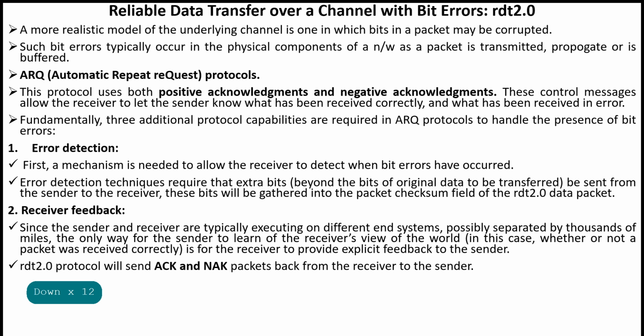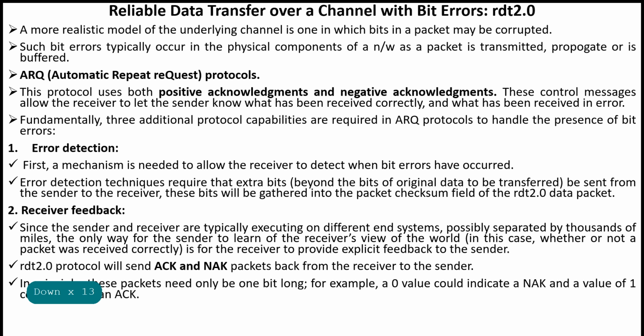The RDT 2.0 protocol will send acknowledgement and negative acknowledgement packets back from the receiver to the sender. In principle, these packets need only be 1 bit long. That is, a 0 value could indicate a negative acknowledgement, and a value of 1 could indicate an acknowledgement.